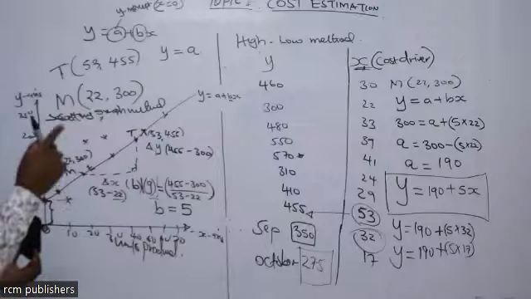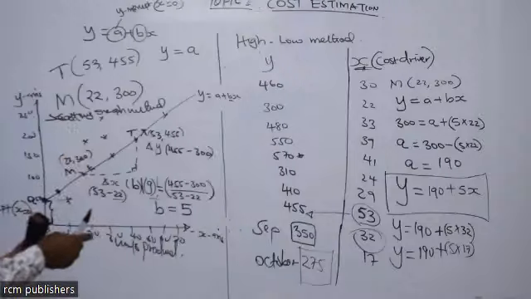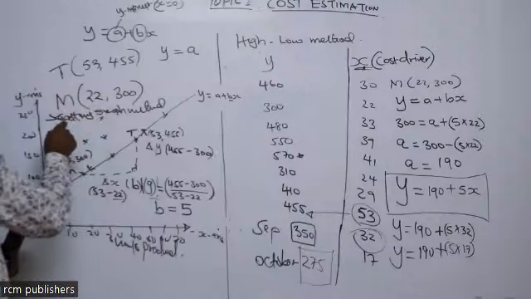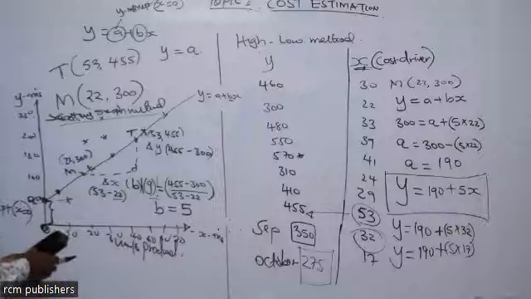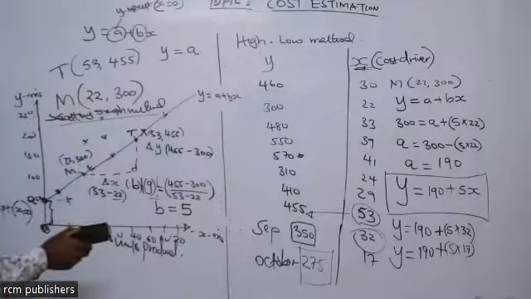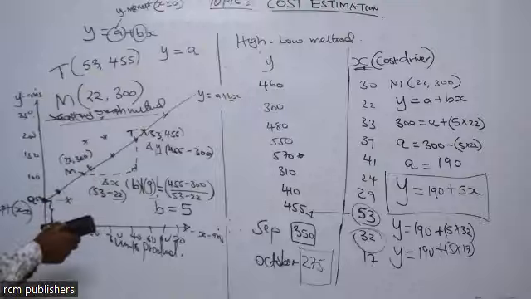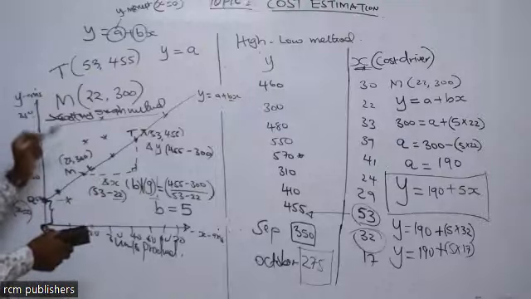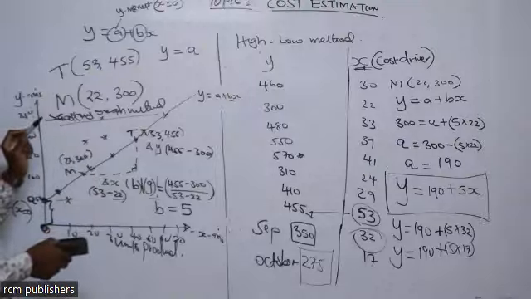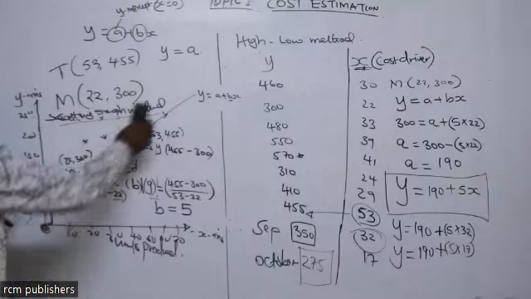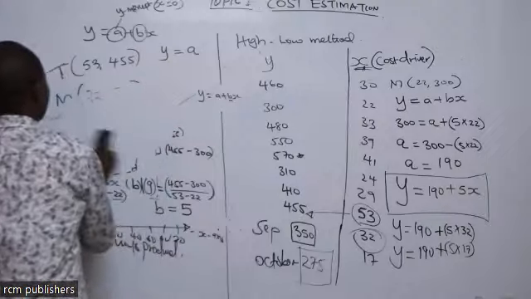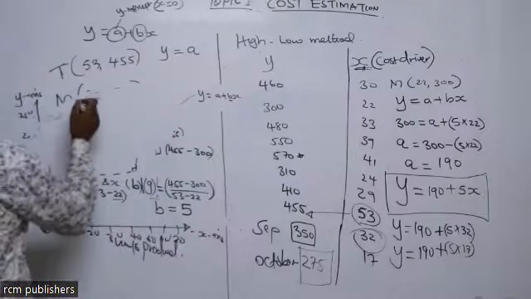So it means we are tackling 2 things here, the high-low method and the scattered graph method at the same time. Why are we doing that? Because the high-low method also applies the same concept of the gradient and the slope. So let's forget about the scattered, but I maintain this.